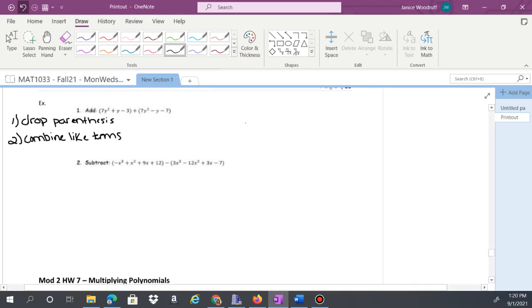Okay, so for my example, I have 7y squared plus y minus 3 plus 7y squared minus y minus 7.